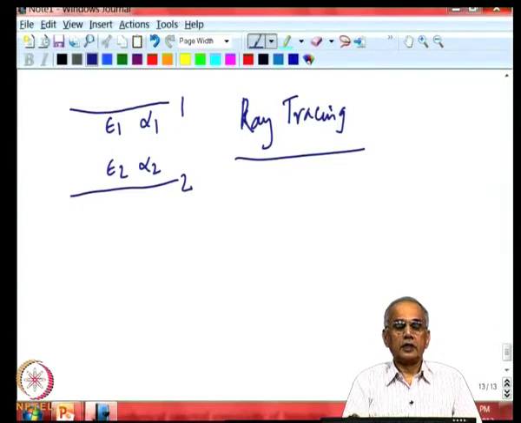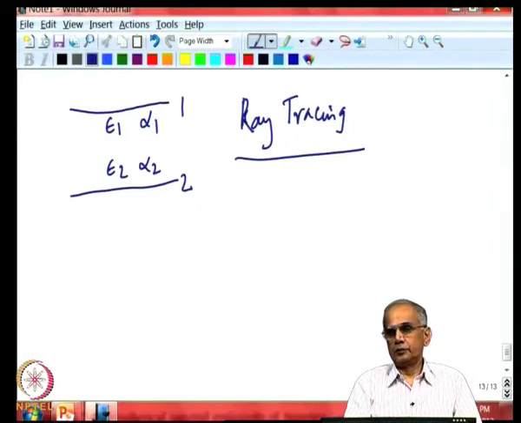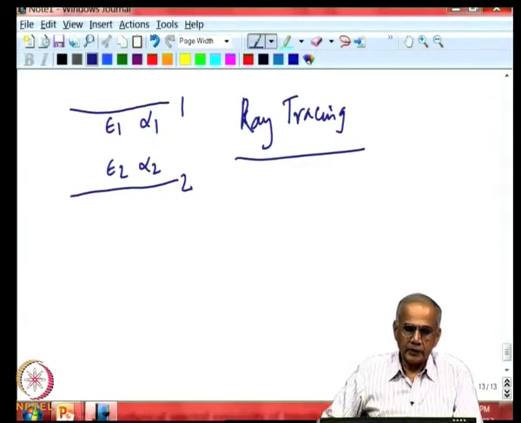So, it is getting more and more popular, especially now there are standard Monte Carlo packages available, which will do the job of generating random numbers to make a decision whether a certain photon is absorbed or not absorbed. So, it is good to understand a given problem from the perspective of ray tracing. So, that I will do with this example.